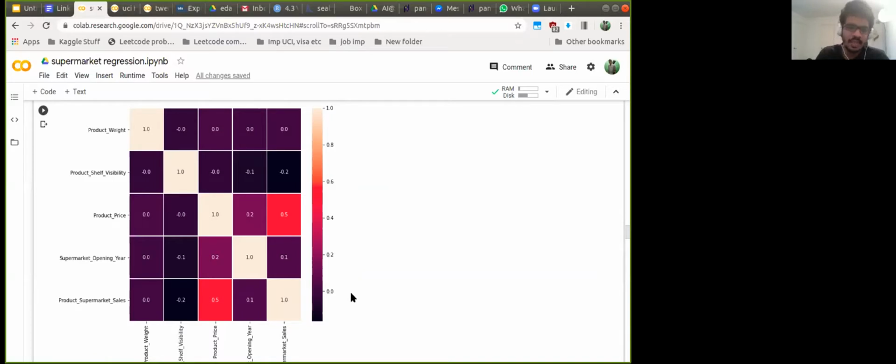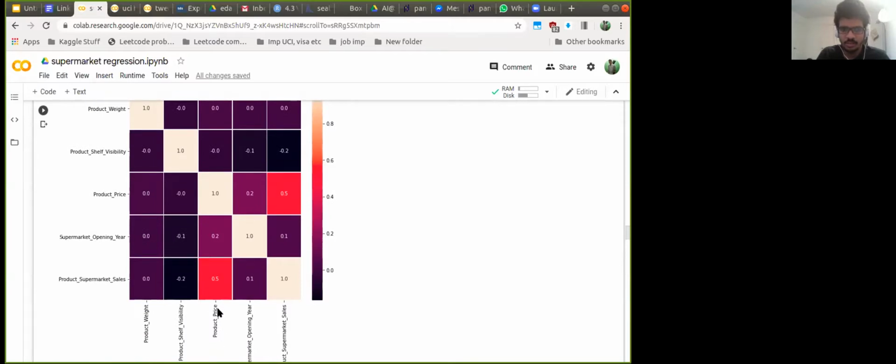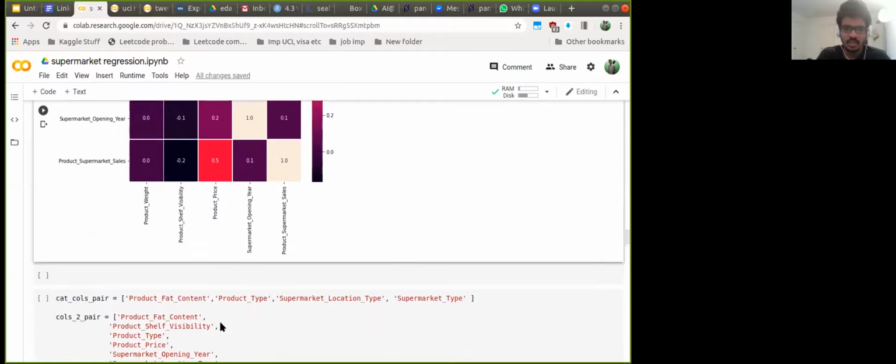Anyways, as you can see here, this particular feature, product price, is very strongly affecting the target variable. So that is an interesting find, and that intuitively does make sense. Like, the higher the product price, the more the sale would be. So yeah.